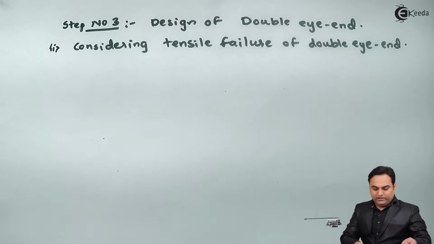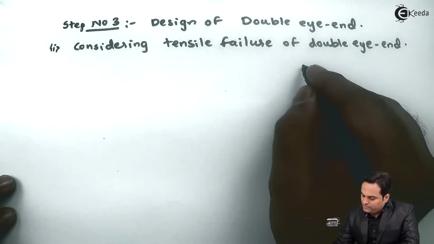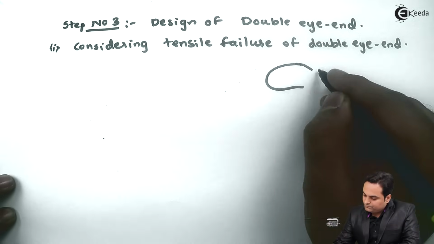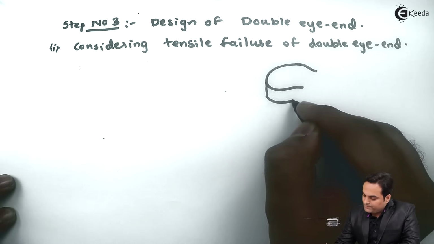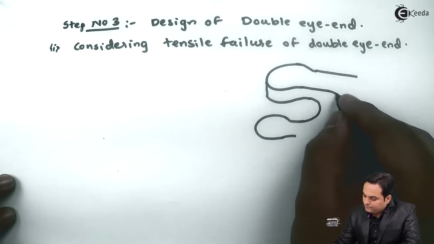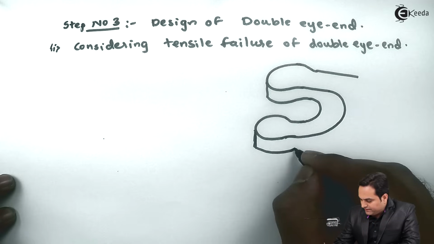Now how it will fail in tension, if I can explain it with a diagram, double eye end is in this way. It will look like this if I draw the 3D diagram for it.